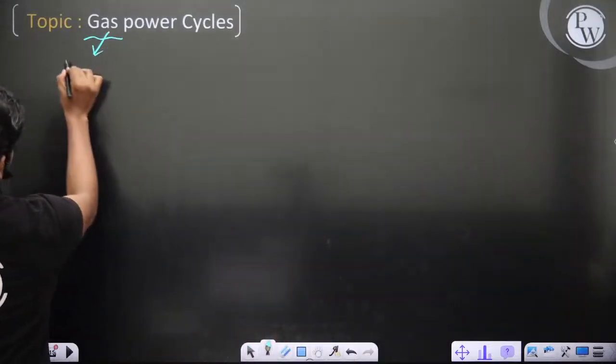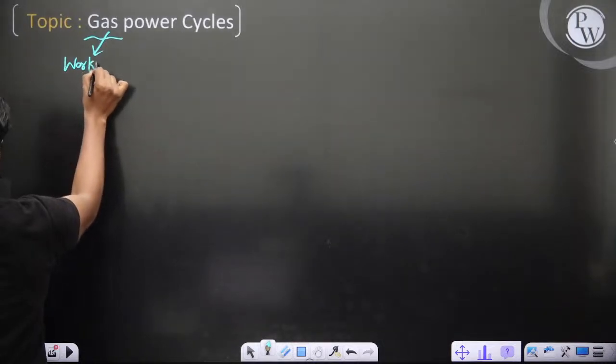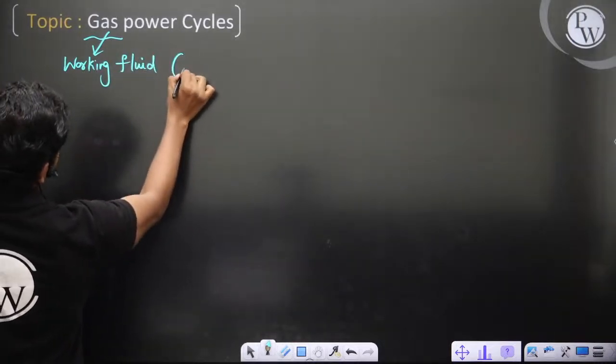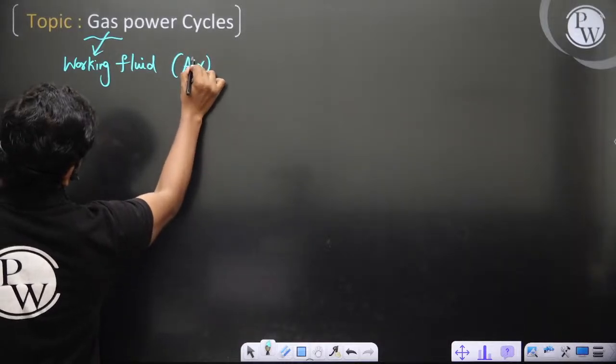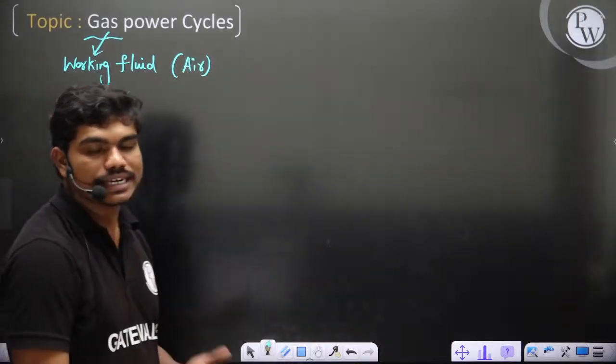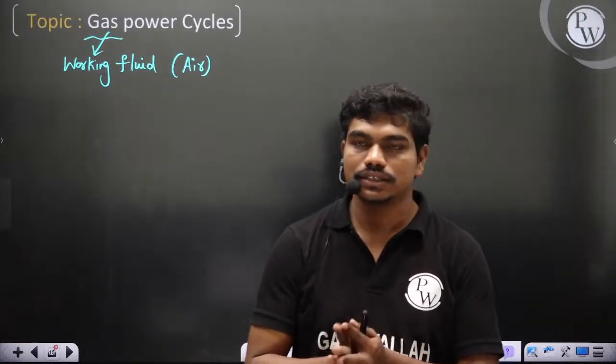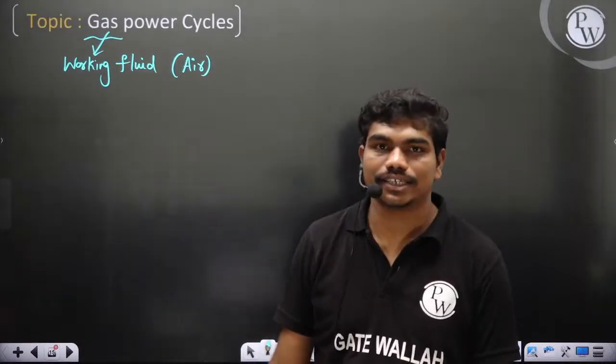So clearly gas is the working fluid, and normally we take it as air for our analysis. Or normally in case of gas engines, turbine engines, we have the combustion gases as the working fluids here.